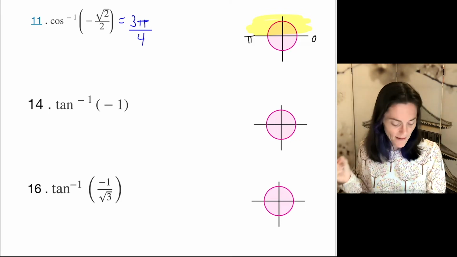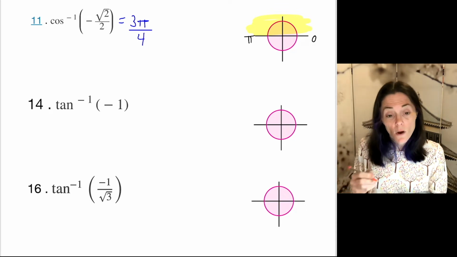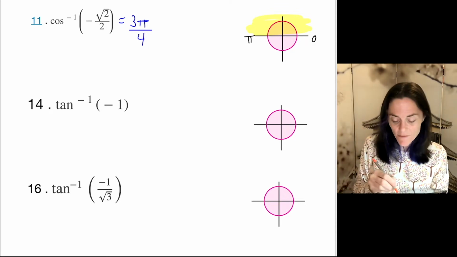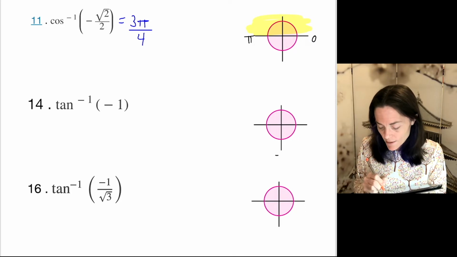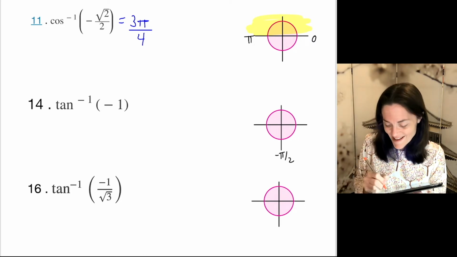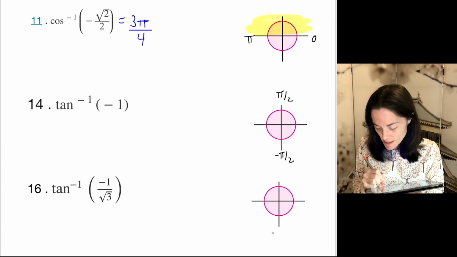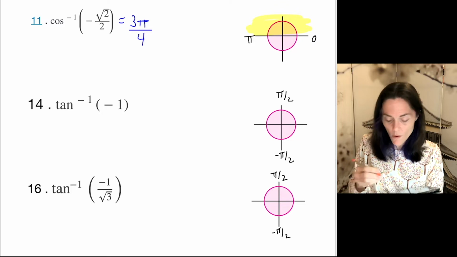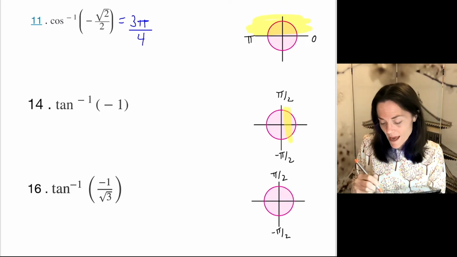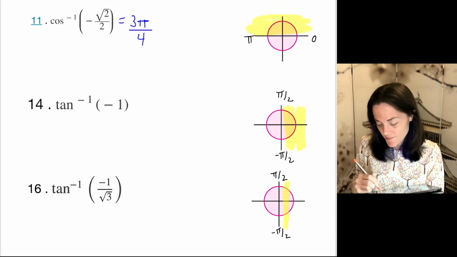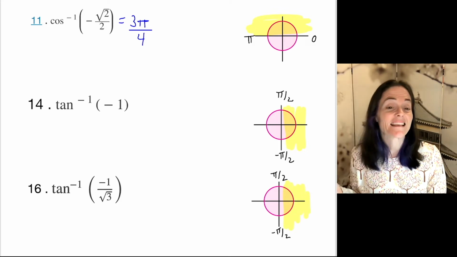Tan inverse. Okay, we have two in a row that are tan inverse. Here, we're looking for an angle between open minus pi over 2 and pi over 2. I will just recopy for both of these, minus pi over 2 and pi over 2, open. So the range of the tan inverse is here.